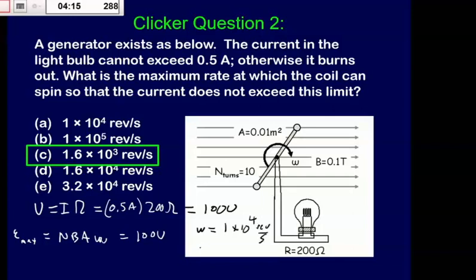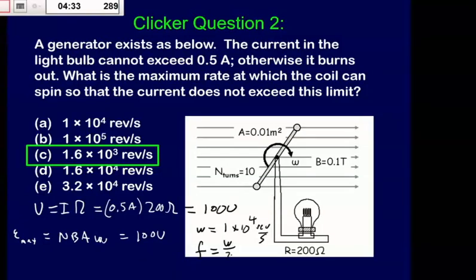What the person who wrote this one did that's really jerky is that they wrote the answers in frequency f, which book problems tend to do. They want you to get really good at converting back and forth.